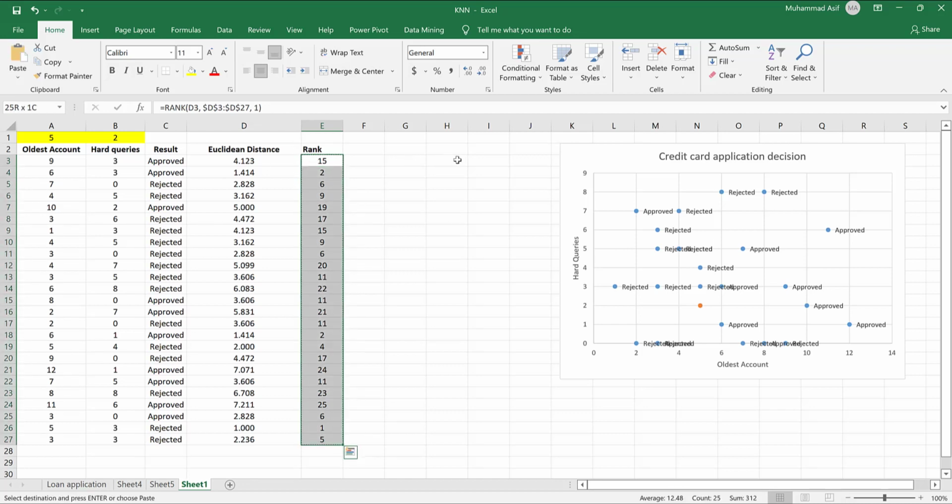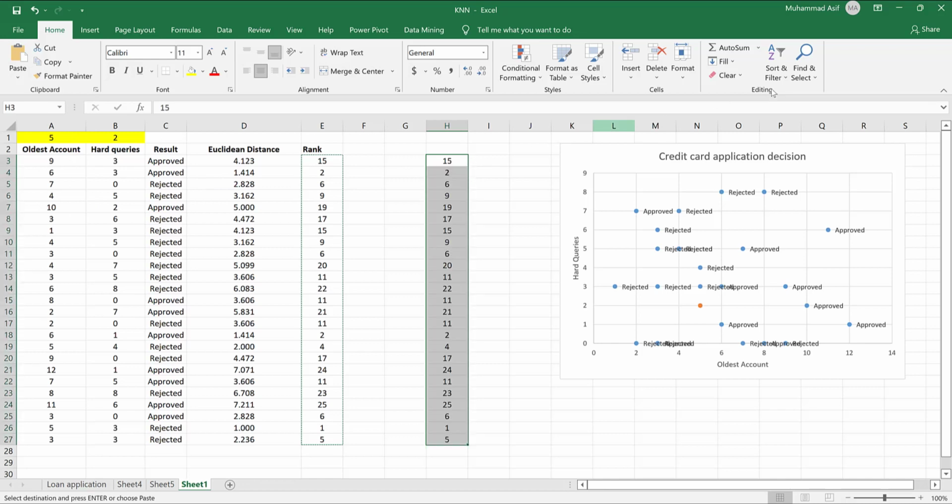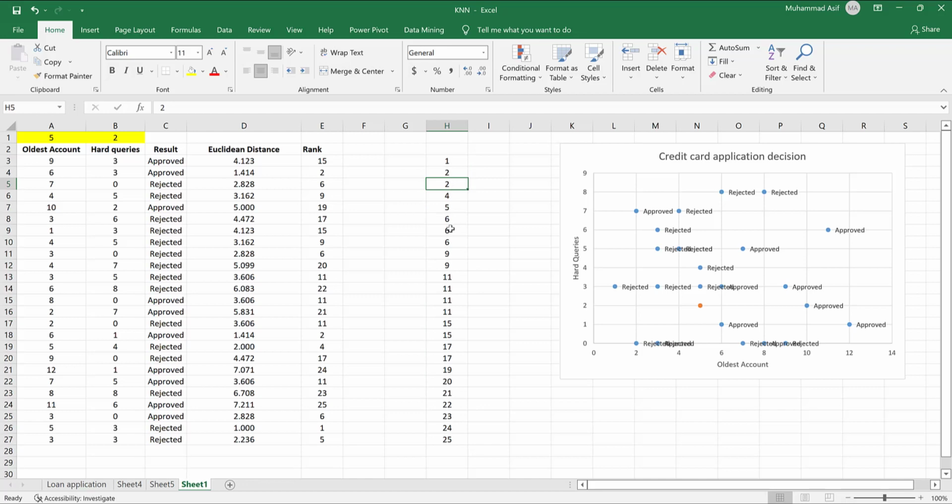I paste this as special values and then sort and filter smallest value to largest, and it shows that 1 2 3 is missing, 4 5 6 appears multiple times, and therefore 7 and 8 are missing, 9 appears 2 times, and then 11 appears 4 times, which means 12 13 and 14 are missing, and then 15 appears 2 times, which means 16 is missing here.